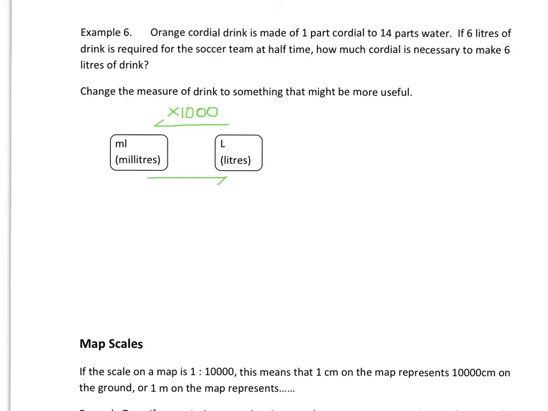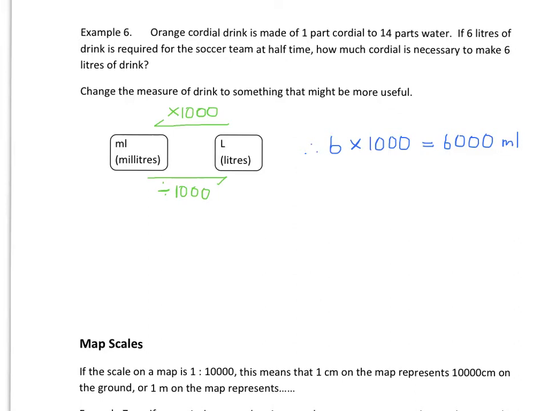And so to convert from millilitres to litres, it's the inverse operation, divide by 1,000. So therefore, to convert our 6 litres of drink to millilitres, it's multiplied by 1,000, so 6 litres is equivalent to 6,000 millilitres.